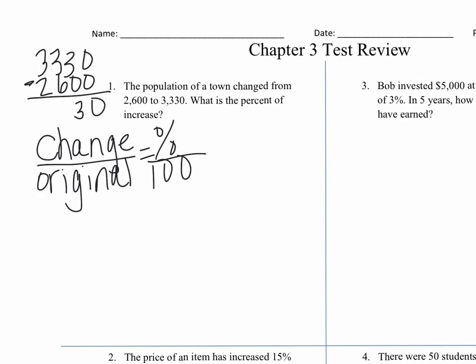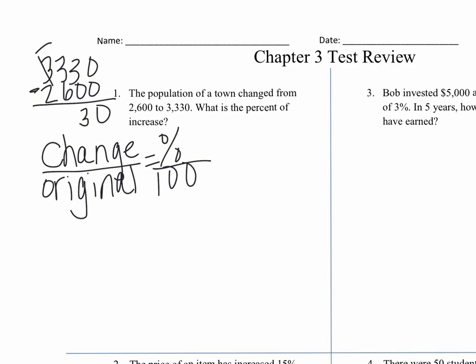You have to borrow from the 3 to make it a 2, to make the 3 a 13. 13 minus 6 is 7. The change is 730.